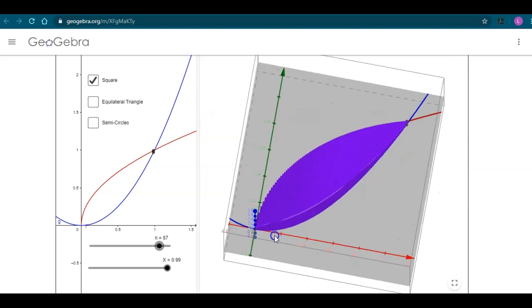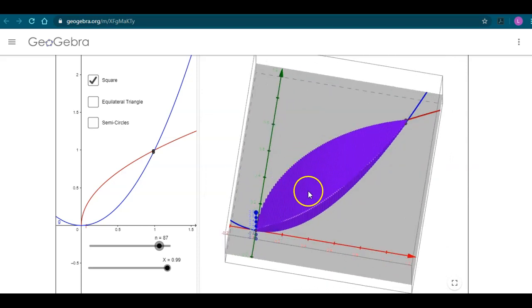So we call this a solid generated by cross sections that are squares, and usually we'll specify that the rectangle is perpendicular to the x-axis, and the cross sections are going to be from rectangles perpendicular to the x-axis, and those cross sections are squares. You don't have to use squares.